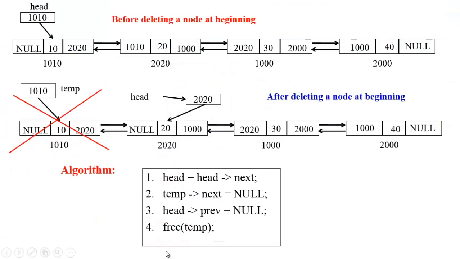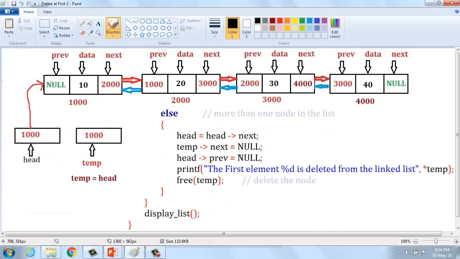And the second scenario: if there are n number of elements present in the given linked list, the else part. The first part is we have to check whether the list is empty or not. If the list is empty, you cannot delete any element from the given linked list. If only one element is present, identify head of next equal to null; null means that is the last element, and we can delete the element using a temporary pointer.